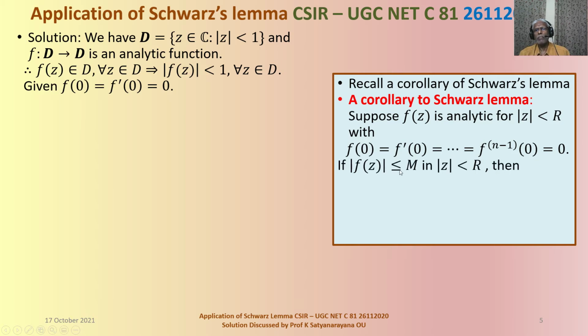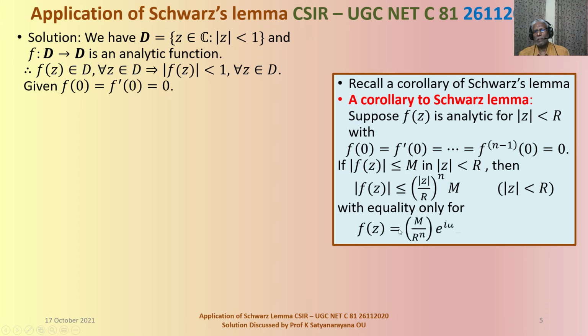If mod of f(z) is less than or equal to M in mod z less than R, then mod of f(z) is less than or equal to (mod z by R) to the power n into M, valid for all those z such that mod z less than R, with equality only for f(z) equal to (M by R to the power n) into e to the power of i alpha into z to the power of n, where alpha is real.